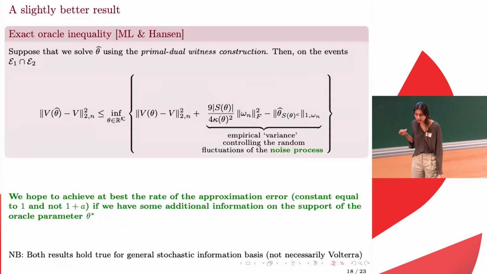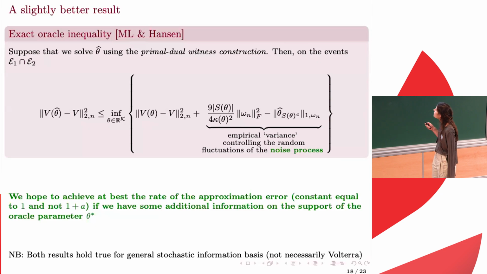And we can achieve this, but it comes at a price, and the price is that we need to solve the problem according to the primal dual witness construction, and roughly it would require some knowledge about the support of the oracle parameter. But then if we have this, we get rid of it, so here you see we just have a constant equal to 1.